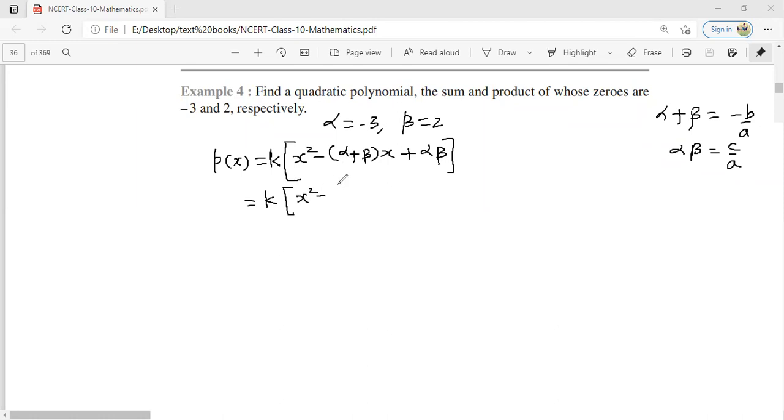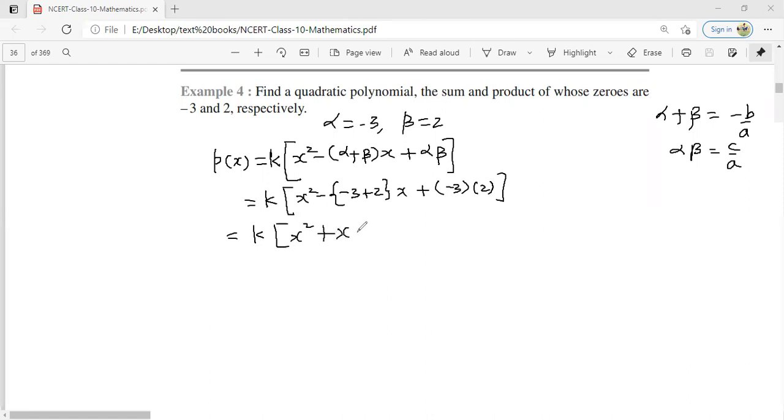Now we can substitute the values of alpha and beta to get the quadratic polynomial. So alpha is -3 and beta is 2, correct? Here x plus alpha is -3, multiplied with 2. So we get k into x square minus (-3 plus 2) x plus (-3)(2), and because of this -1, this will become plus.